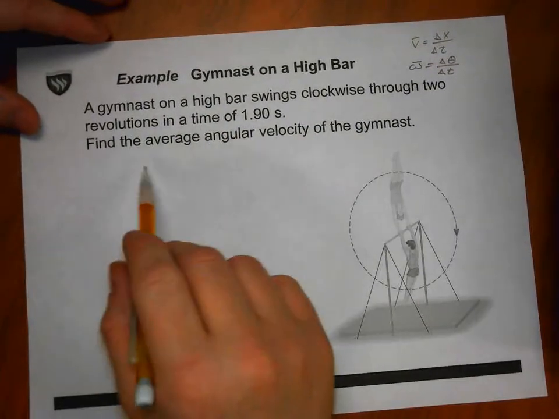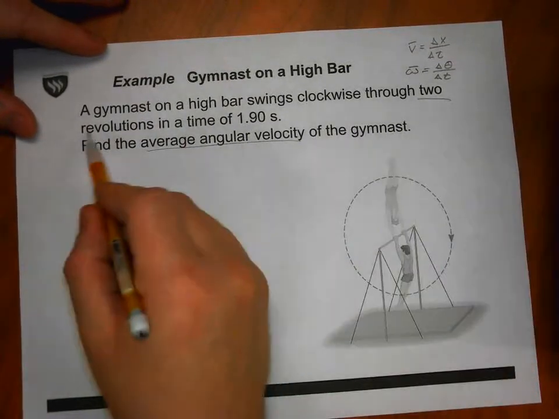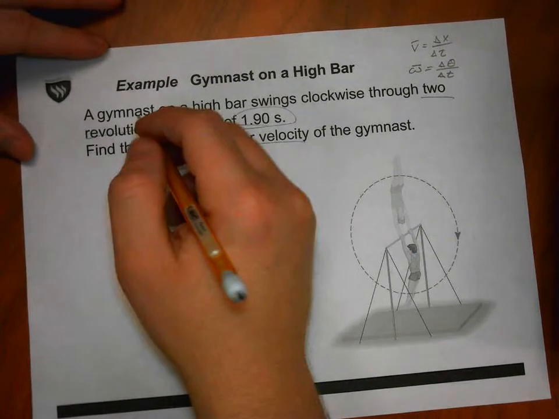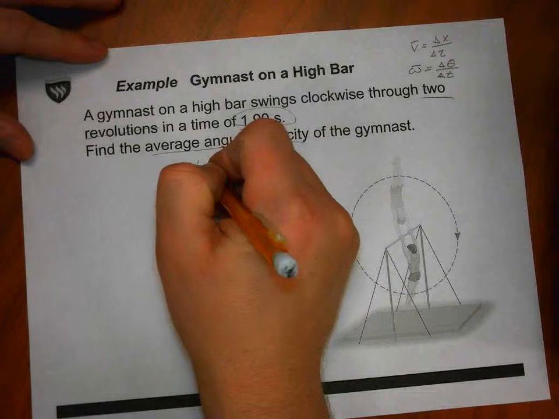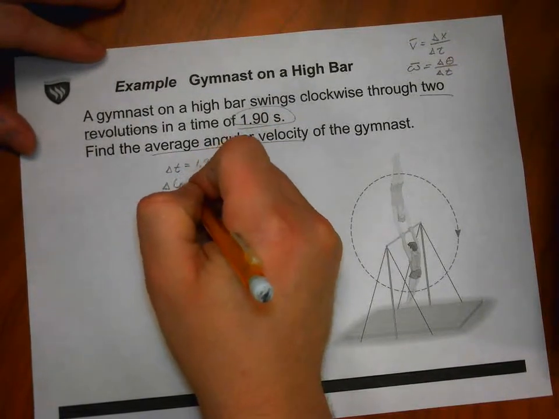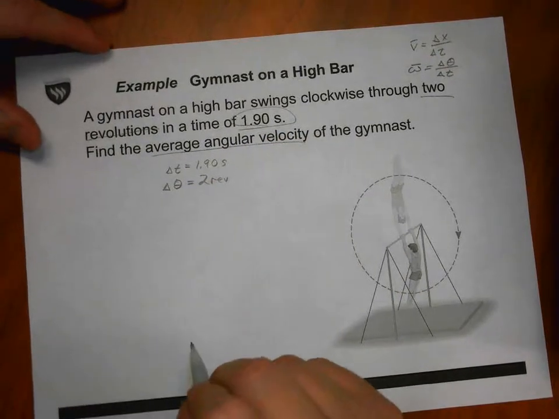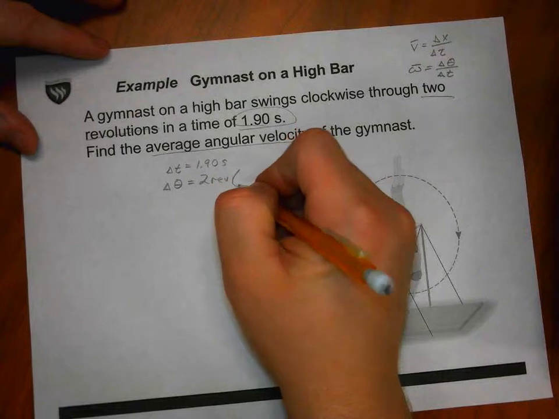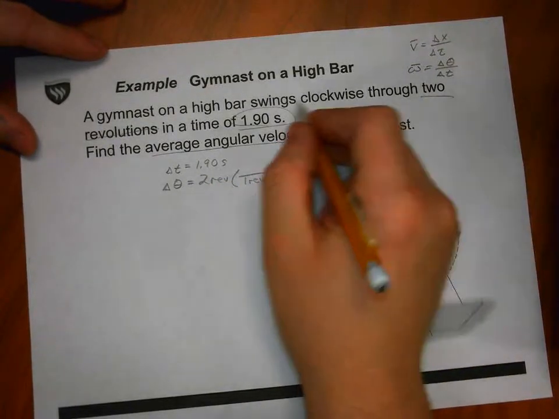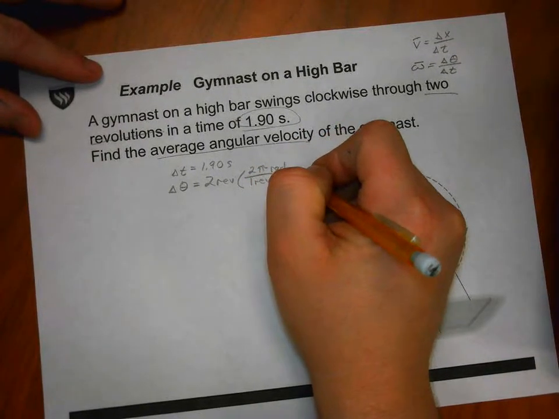So we want to find the average angular velocity, and we have 2 revolutions in a time of 1.9 seconds. I'll just write these things down. Time equals 1.90 seconds, and change in theta is 2 revolutions. Well, how many radians are there in a revolution? 1 complete revolution is 1 trip around the circle, so that's 2 pi radians.